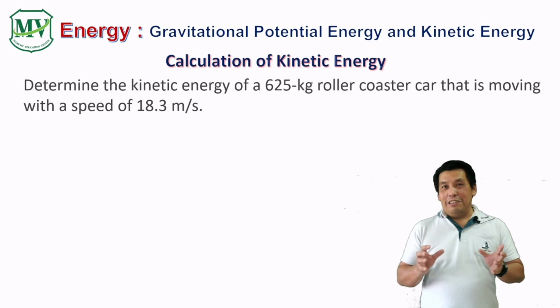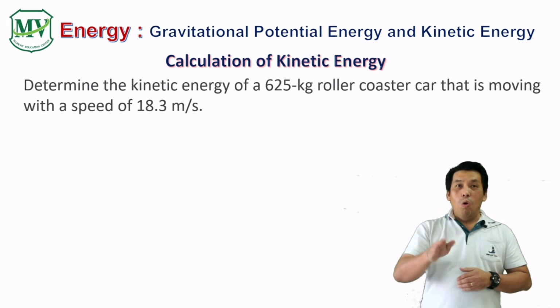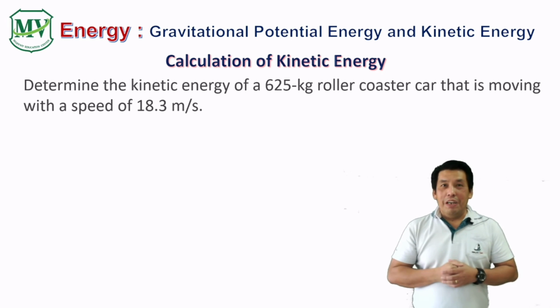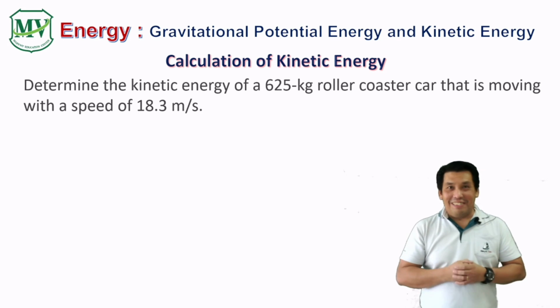Now here is problem number 2 for calculation of kinetic energy. Determine the kinetic energy of a 625 kilogram roller coaster car that is moving with a speed of 18.3 meters per second, and that is very fast.